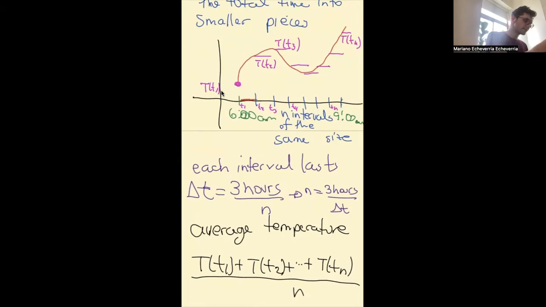Here's the temperature at time T1. I guess what I'm trying to ask is what is the area of this rectangle? The base is delta T because that's how much each interval lasts. And what is the height? The height is the temperature at time T1.